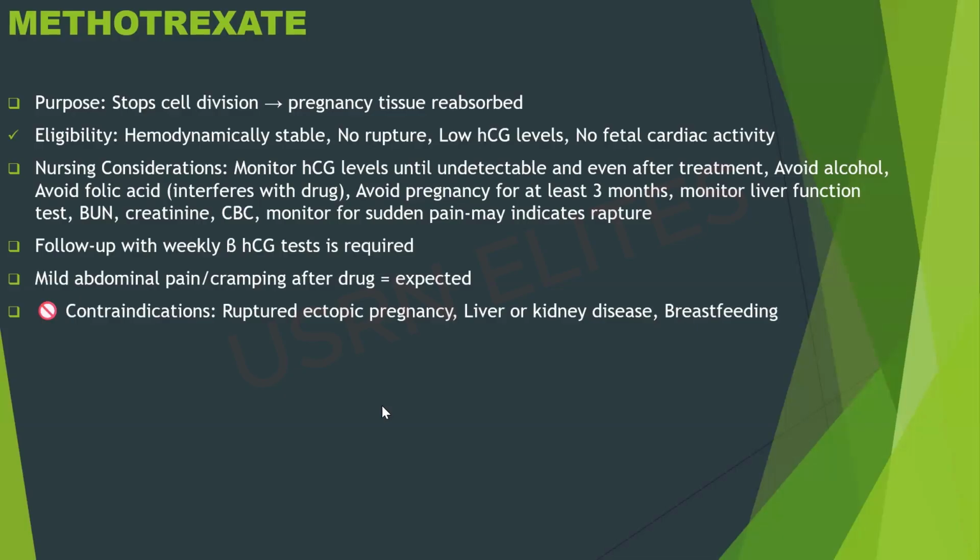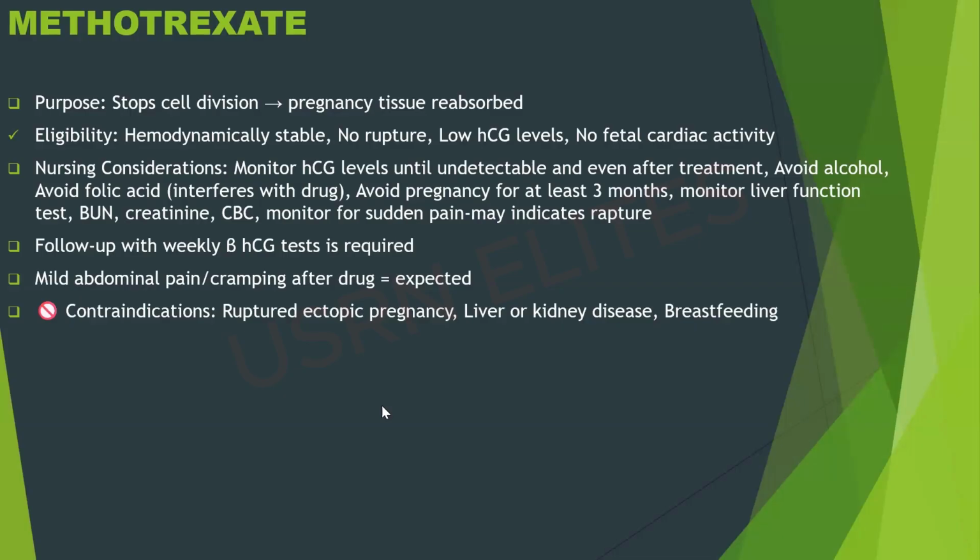All right? And you have to monitor liver function. Know the BUN, because you are dealing with the kidneys. The kidneys are going to excrete this medication. It's a cancer drug. So know your creatinine levels, because once the kidney is eliminating this drug, we know we are safe.